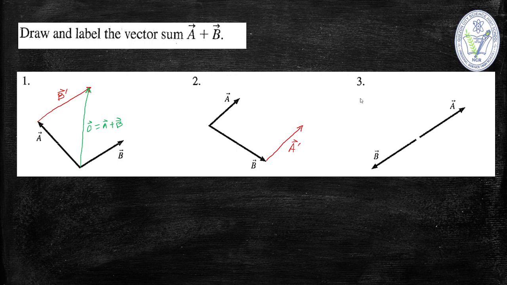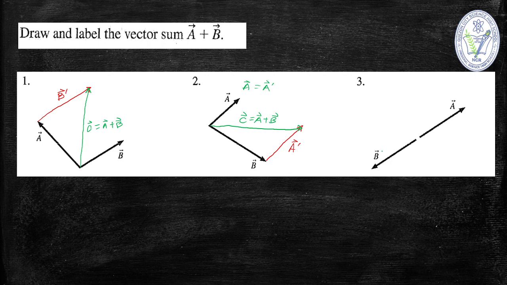Now to get vector C, again, from the tail of vector A to the head of this one. So that would be my vector C, noting that A is just the same as A prime.